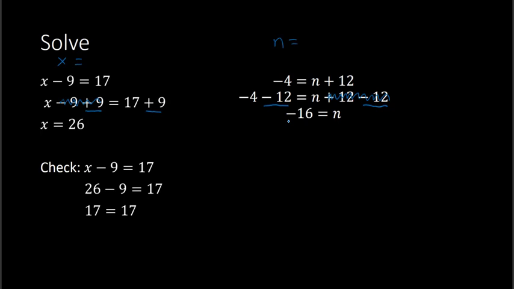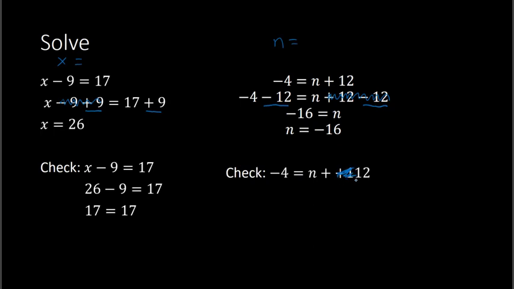So my final answer is n equals negative 16. And I can change the side that the n is on. I can move it over, so it's n equals negative 16 instead of negative 16 equals n. And that would be your symmetric property. And we can double check our answer by plugging negative 16 back in for n in the original equation. So here we had negative 4 equals n plus 12.